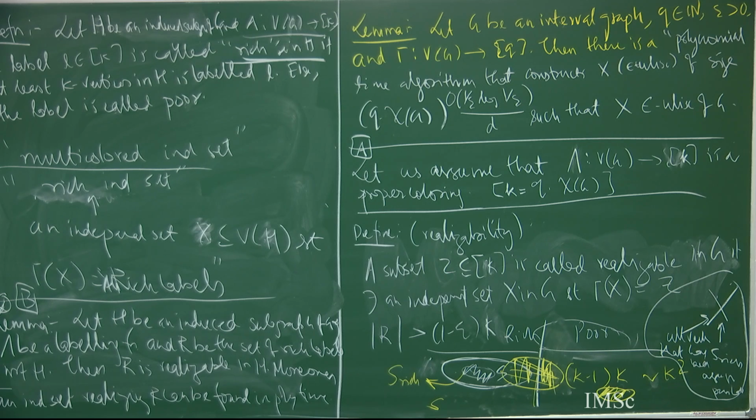So already all the poor labels have been covered. But what can happen? A rich label can become poor here. But imagine if it did not become poor, an amazing thing happened.